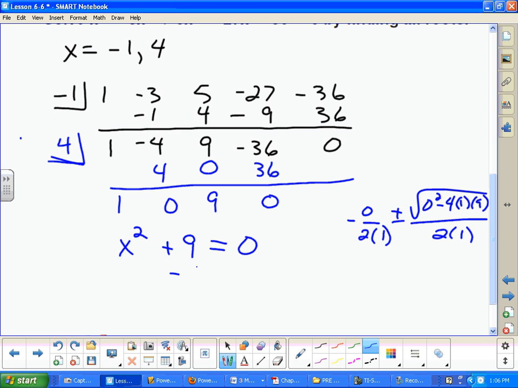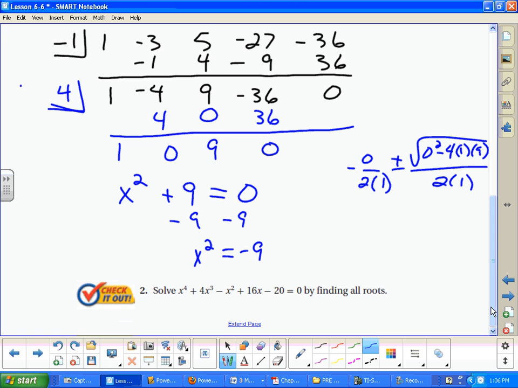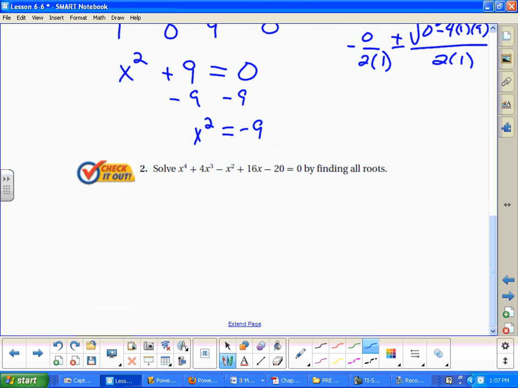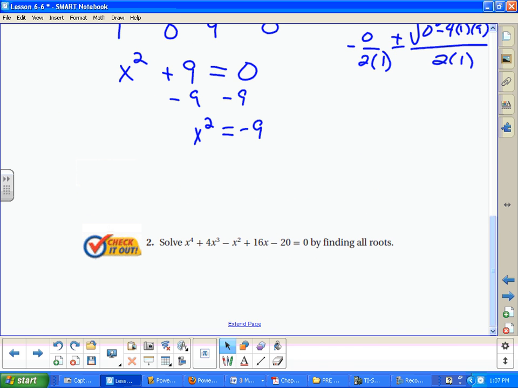So we subtract 9 from both sides. What happens when I take the square root of a negative number? Okay, so what's the square root of 9? So the square root of -9 is 3i.